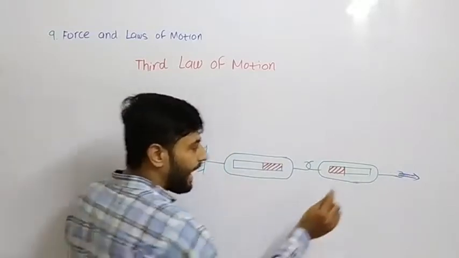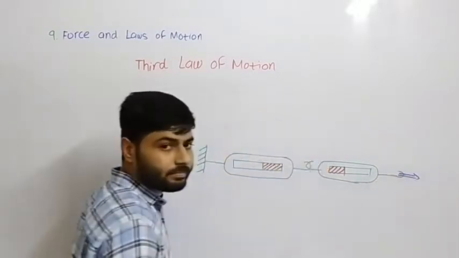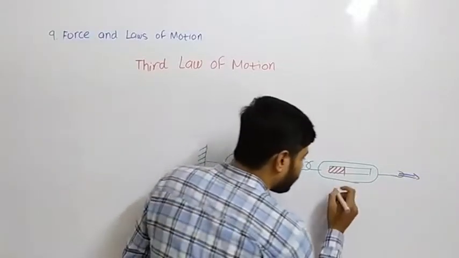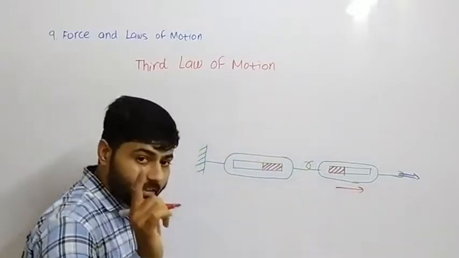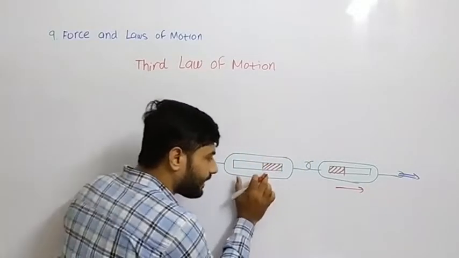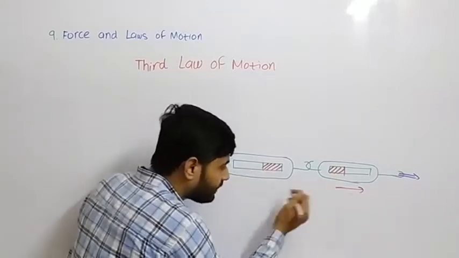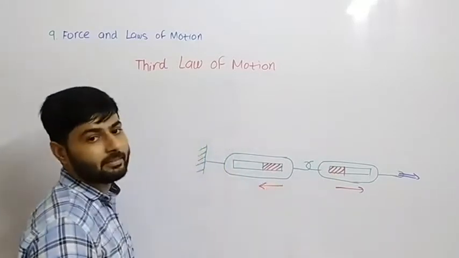So what will happen? I exert force here, so this spring balance shifts this side. At that time this spring balance also tries to pull the other spring balance this side.